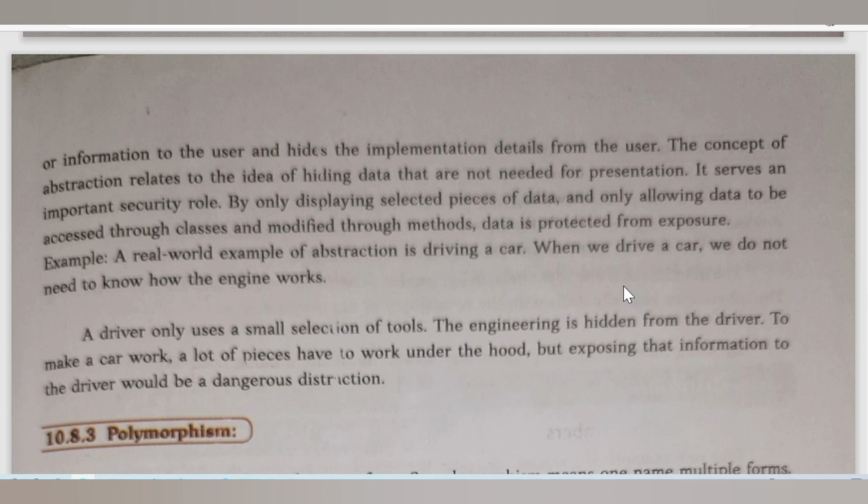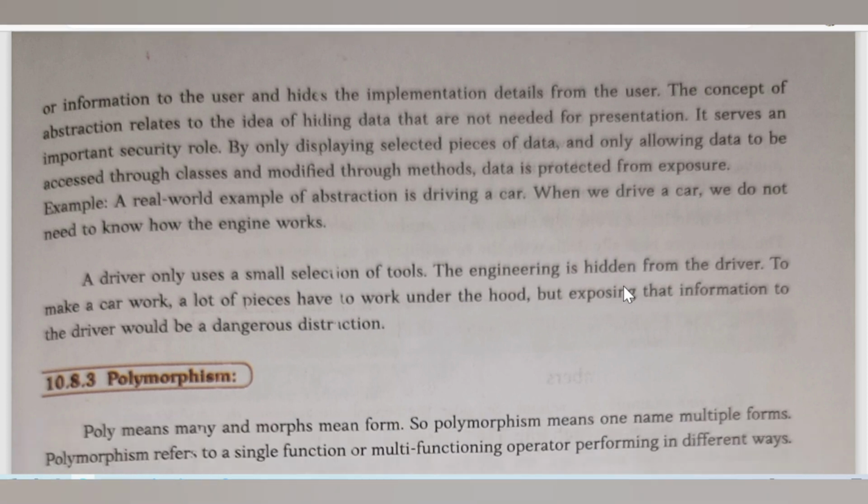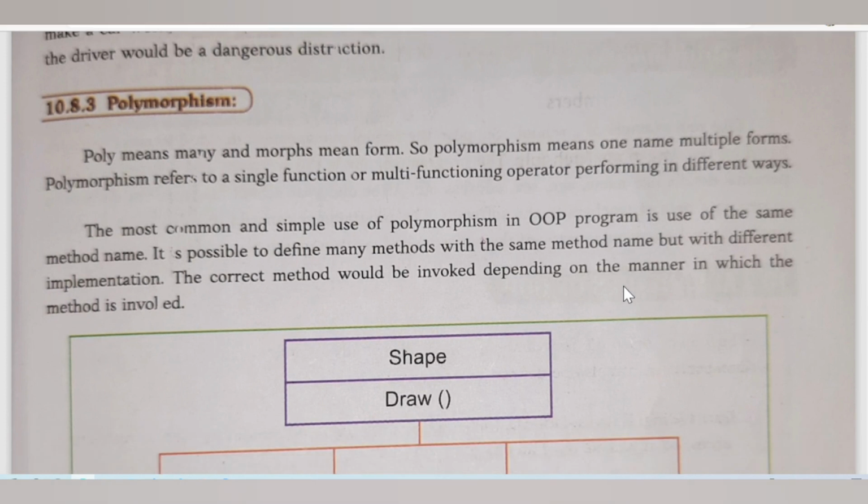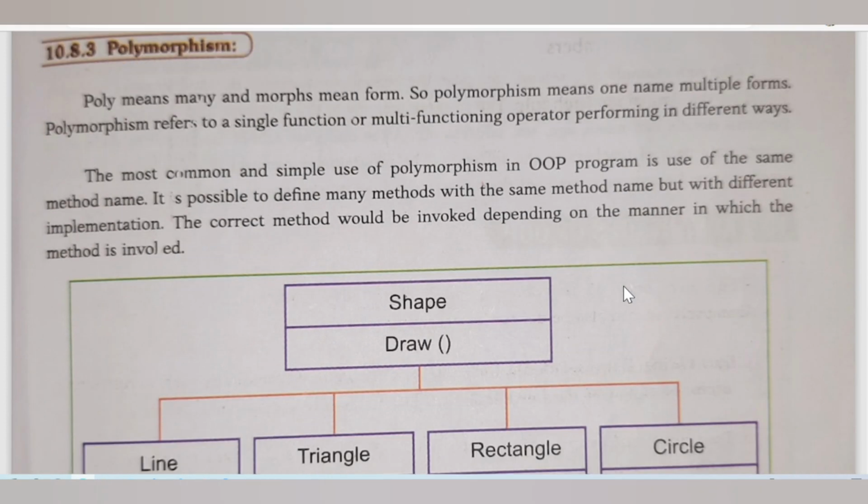Like in a car, we hide the engine through a cover, and even the wiring, we hide it through the body. But if we exposed it to the driver or the passengers, sometimes it can be dangerous. That's why abstraction is a very important feature of OOP.